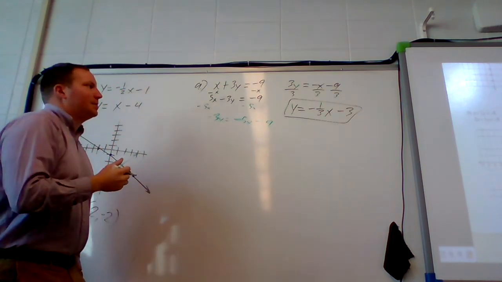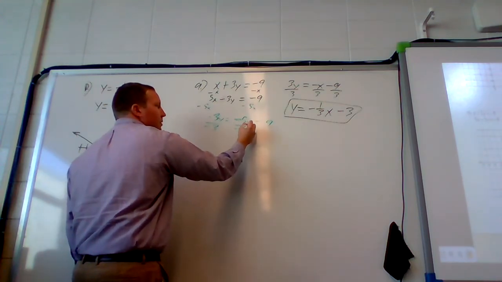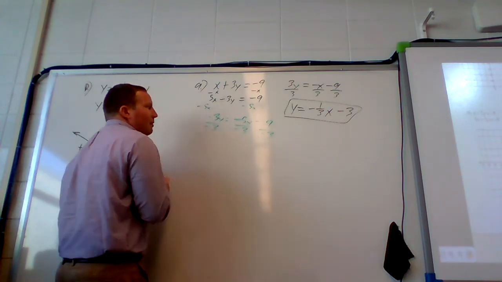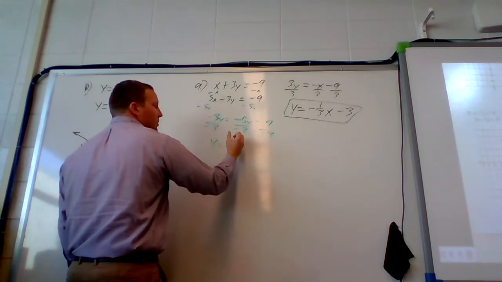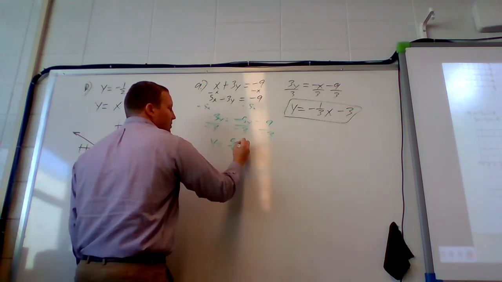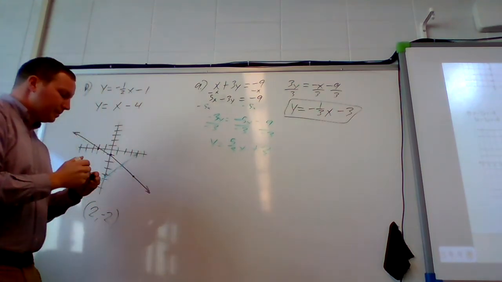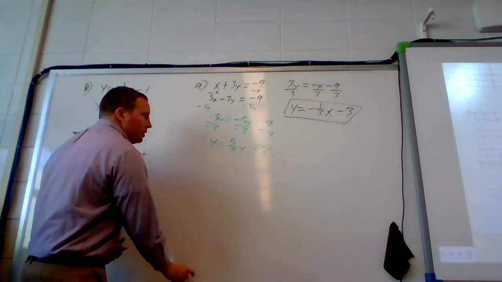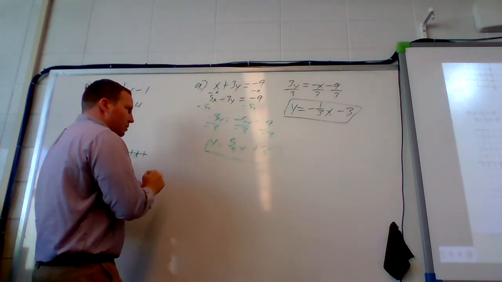And then again, same thing, we want to divide by that -3 on everything on the other side of the equation. So that gives us y equals positive 5/3 x plus 3. Now we have them both in slope-intercept form, so we can graph it.